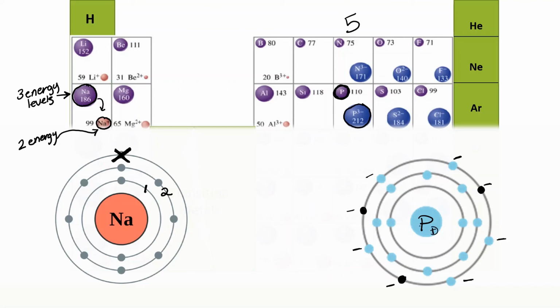We have not added any extra positive charges. We've just added extra negatives. And when we add those extra negatives in, there's more negative charges trying to push each other away, which means that the ion, phosphorus with 3 extra electrons, will be bigger than phosphorus without those 3 electrons. Because when you add extra electrons, there's a lot of extra pushing going on, which ends up making your atom bigger.